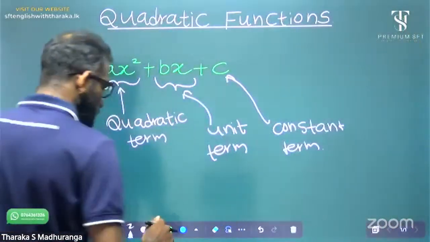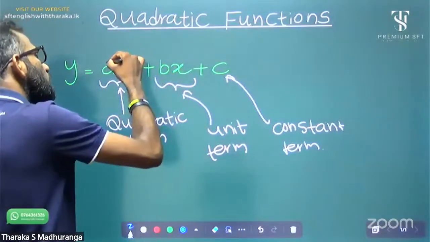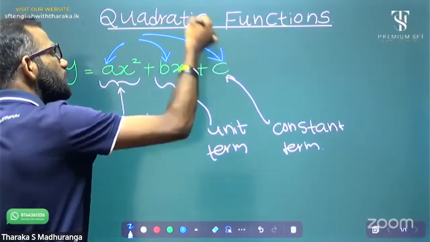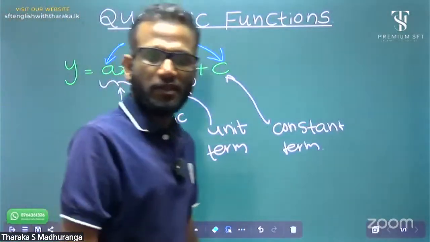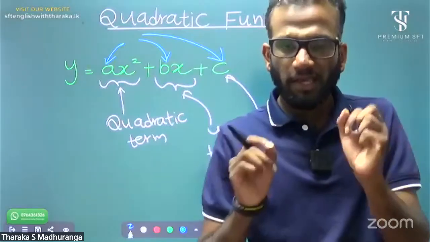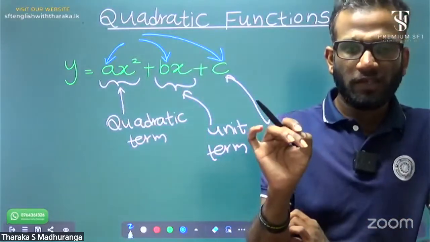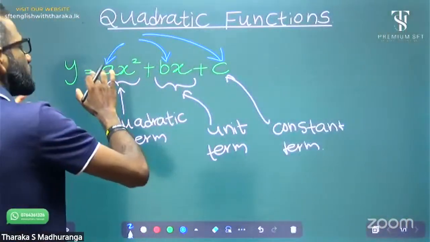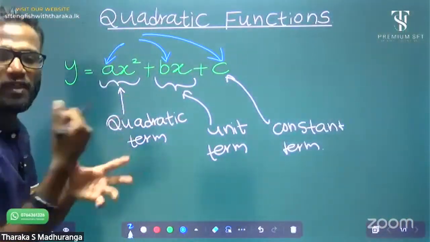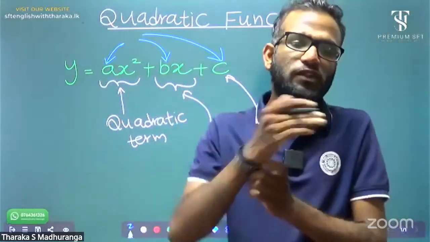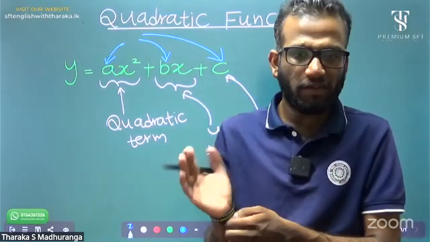Now I separately explain the common names for a, b and c. They are always constant. a, b and c are constant values, just values. And x and y are variables, same as linear functions, the y equals mx plus c equation.